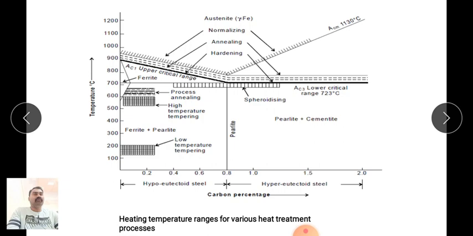Why? So that the austenitic transformation takes place throughout, including the internal section of the specimen. Until the complete transformation takes place, the effect of heat treatment will not occur through the whole section of that component. That's why we maintain that period of time.